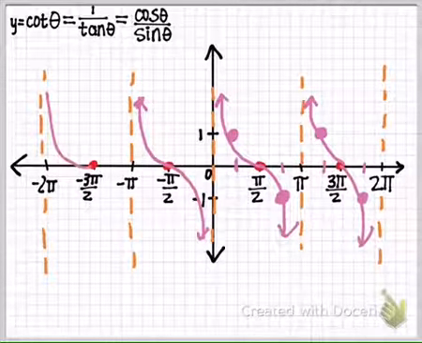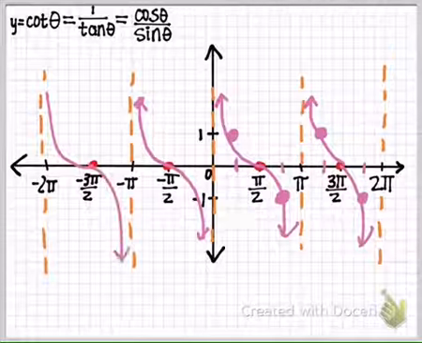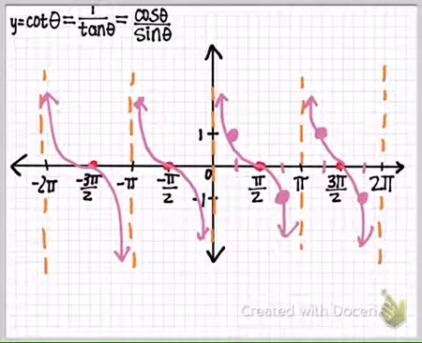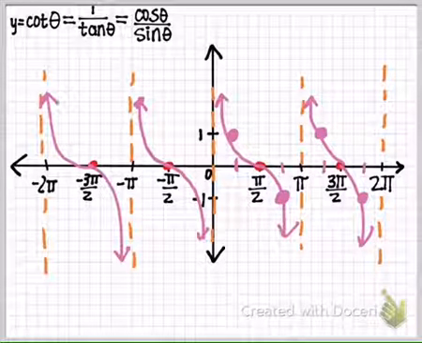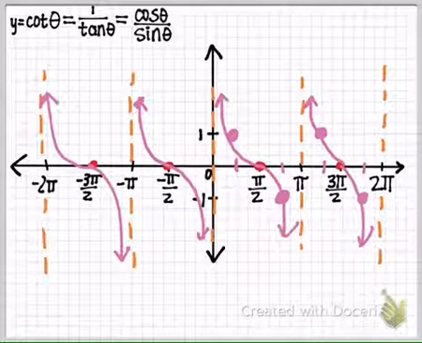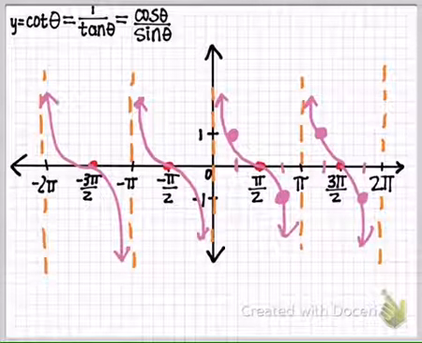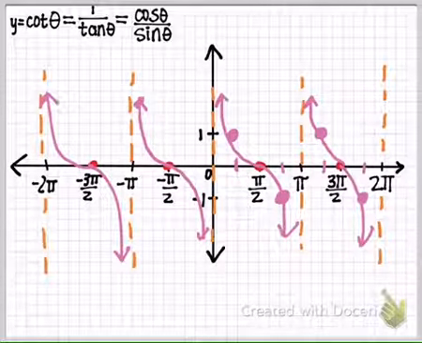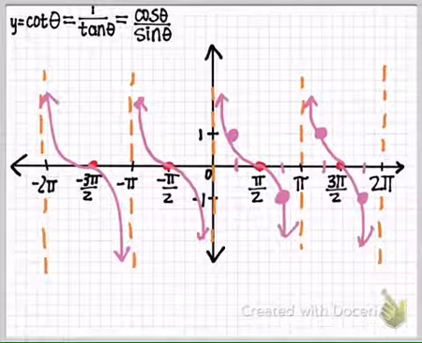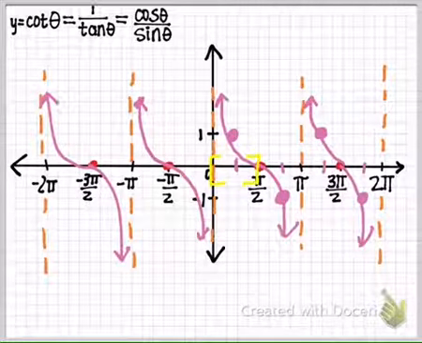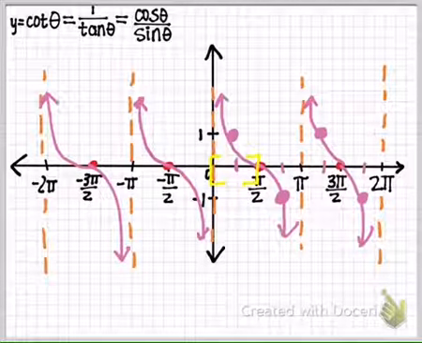It's a little bit different than tangent in the sense that the asymptotes and the zeros are in different places, but they're both positive and negative in the same places. So this is what we've got to watch out for. This space between 0 and pi over 2, which I marked in yellow, is quadrant 1.